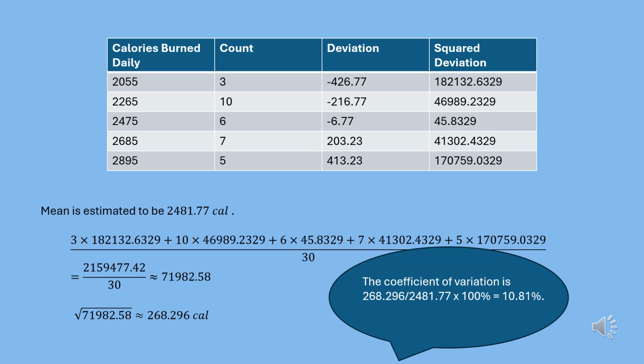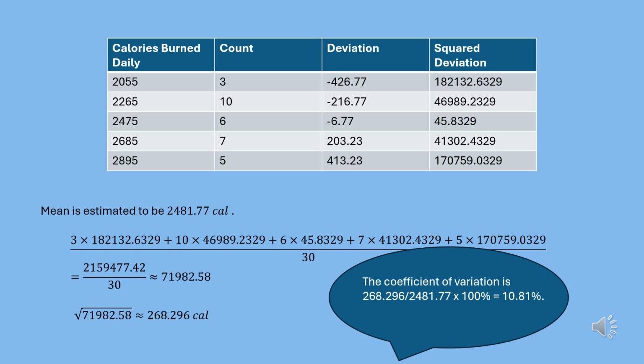If you take 2,265 and you subtract 2,481.77, you get negative 216.77. 2,475 minus 2,481.77 becomes negative 6.77. And then 2,685 minus the mean is a difference of 203.23, and 2,895 minus the mean is 413.23.